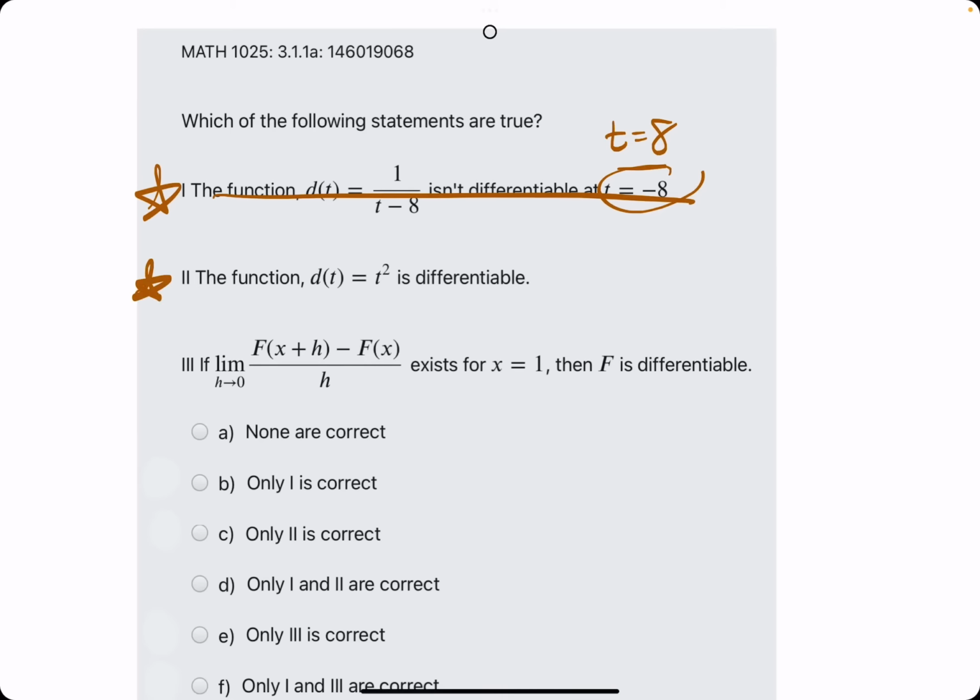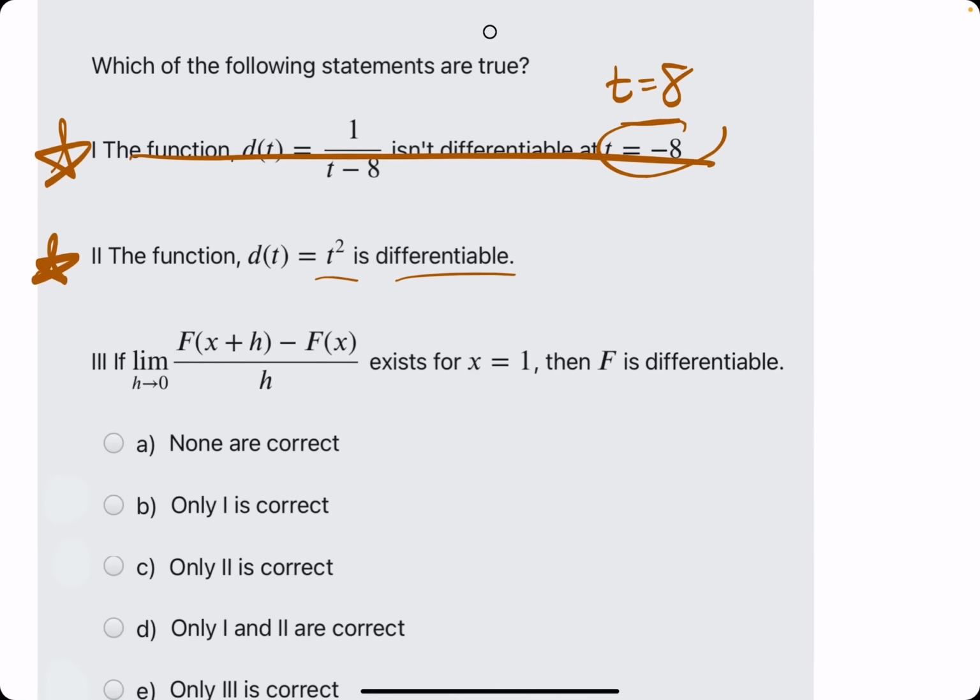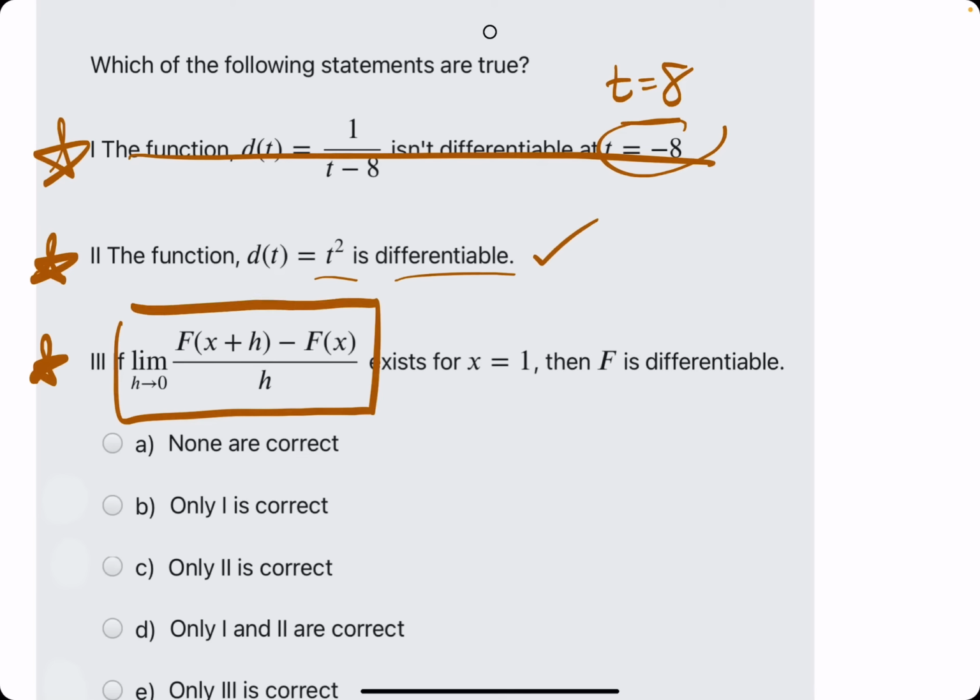Number 2, the function t squared is differentiable. To be just differentiable means the derivative exists at all t values, which is true because there are no t values for which this is undefined. Number 3, if this, which is the derivative of f, exists for x equals 1, then f is differentiable.